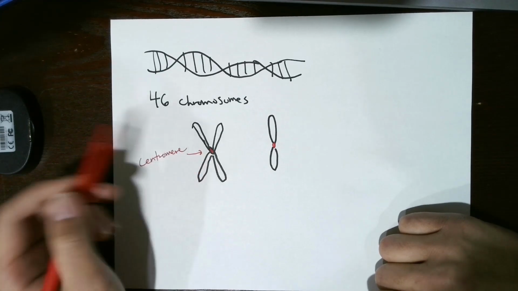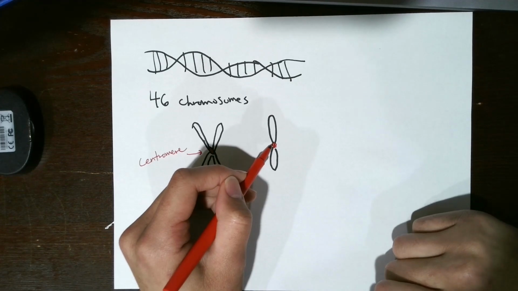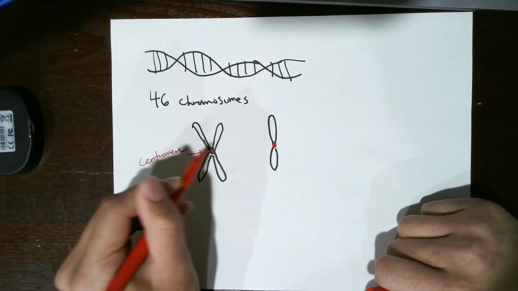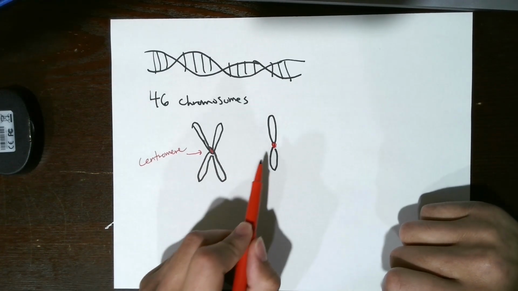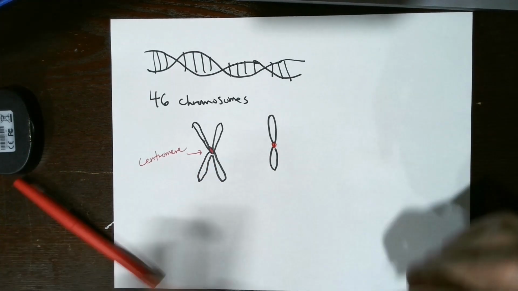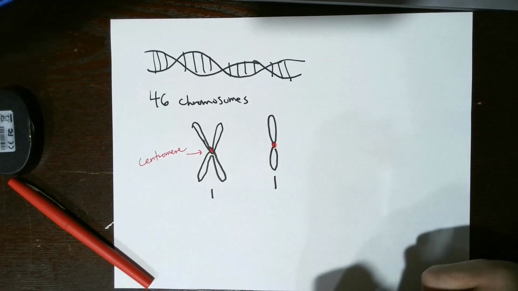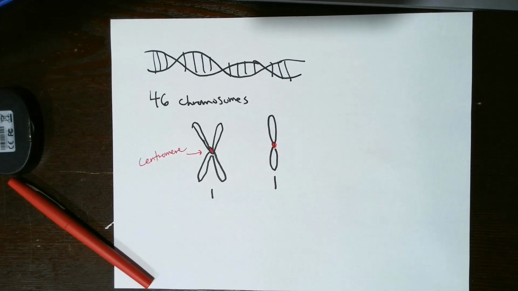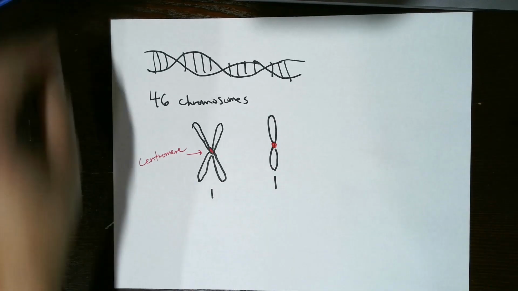This is also one chromosome because it also has one centromere, even though this one looks like it has more parts. We count chromosomes by the number of centromeres, so each of these is one chromosome.